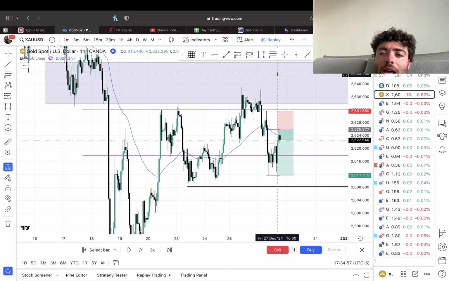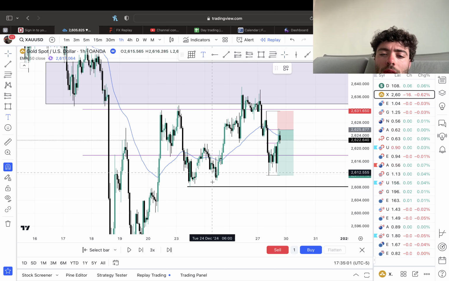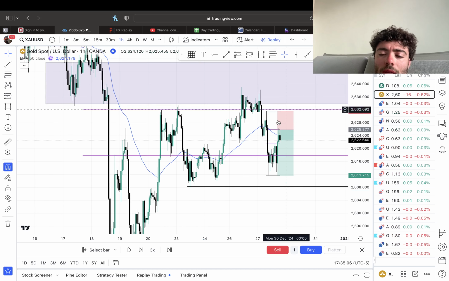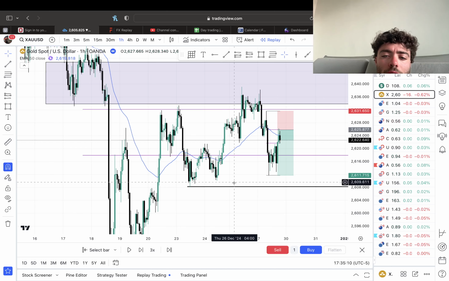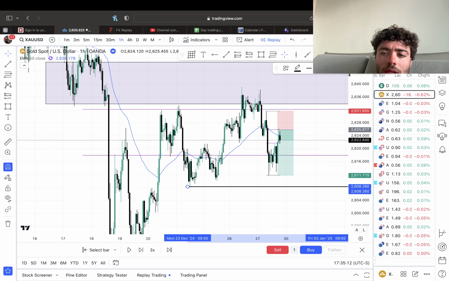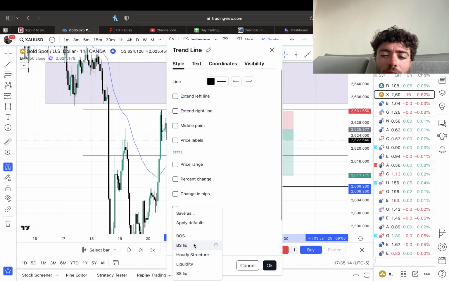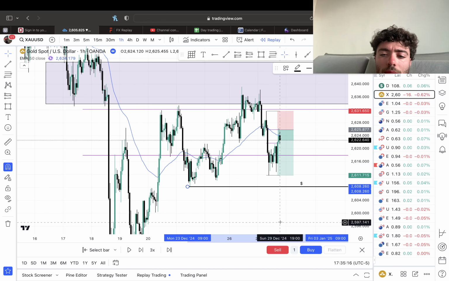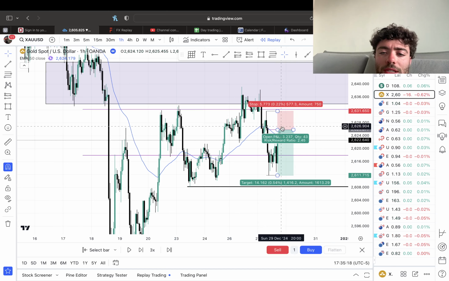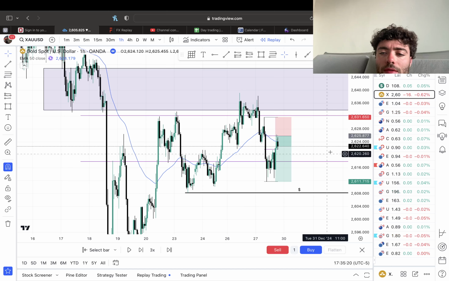So I'm using that as my draw on liquidity. I can, hold on, put a little magnet thing here. Or I'll just do this. Just so you guys can see liquidity, money sign. So this is where price is gonna head down for.